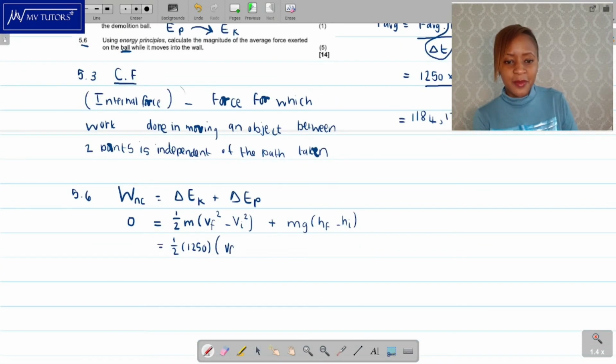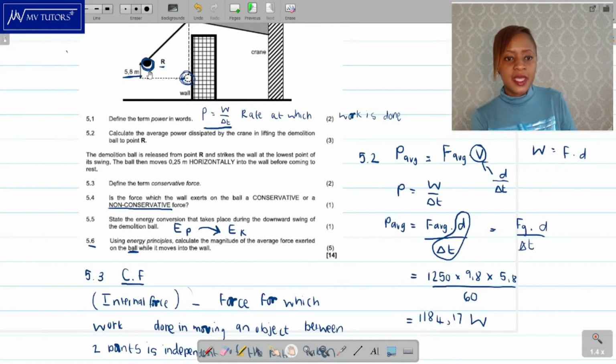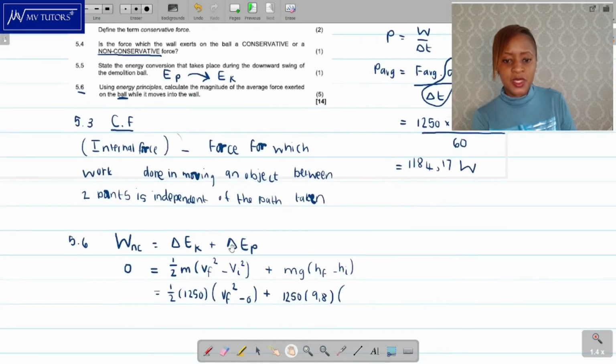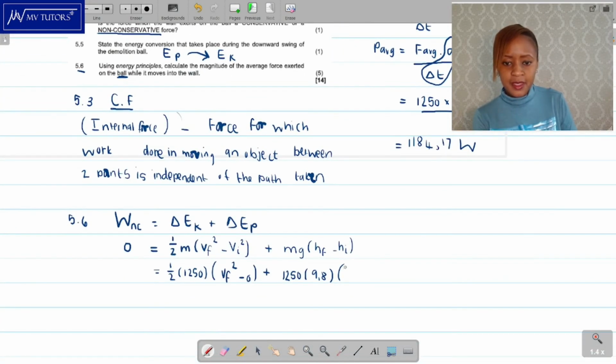So initial velocity is 0, and then we have 1250, that's the mass, multiplied by 9.8. The initial height is 5.8, but the final height is 0 because it's back to its initial point.